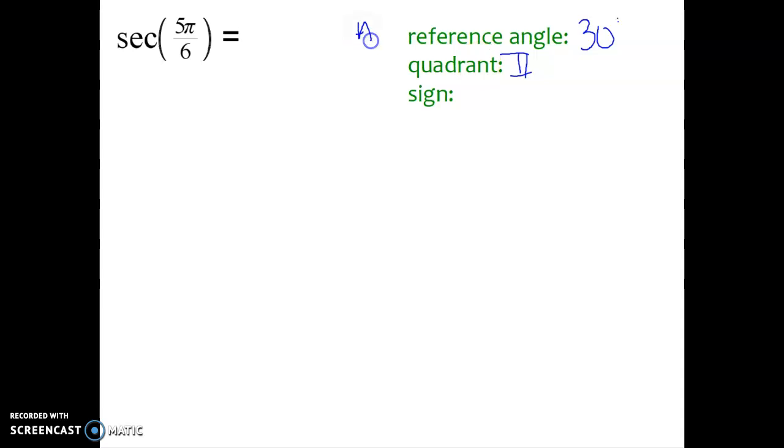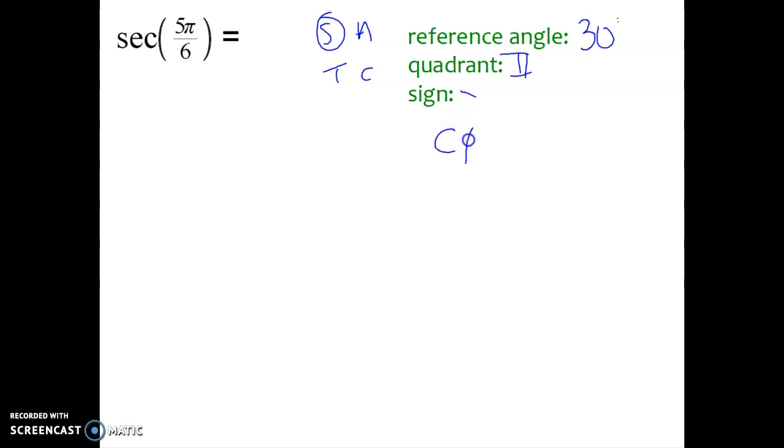Okay, so all students take calculus. Here I am in the second quadrant. That means that in the second quadrant, sine and cosecant are positive, which means everything else, including secant, are negative. So we have a negative on our final answer. Now let's look at that 30, 60, 90 triangle.